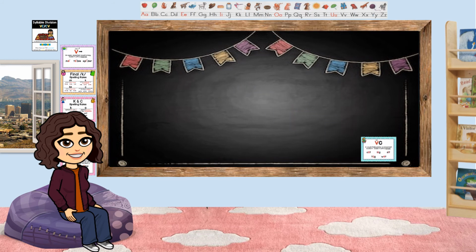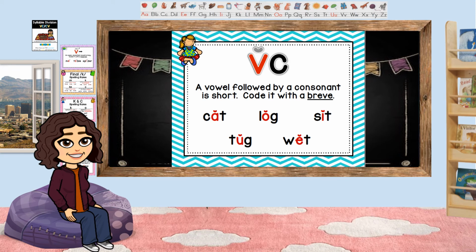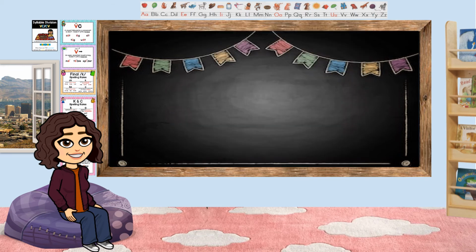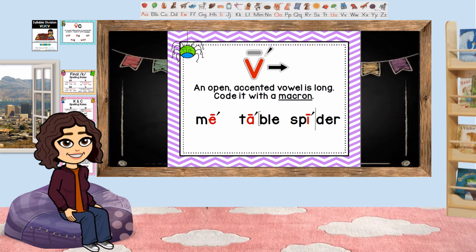We have our vowel consonant rule. A vowel followed by a consonant is short, and we code it with a breve. We also have our long vowel rule. An open, accented vowel is long, and we code it with a macron.